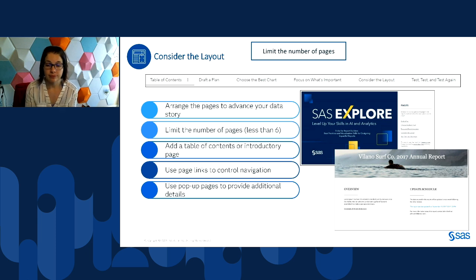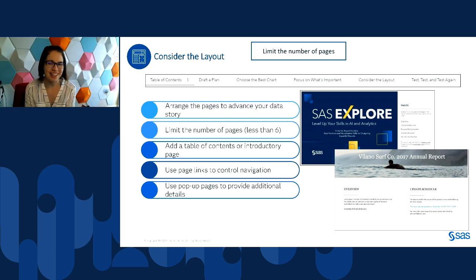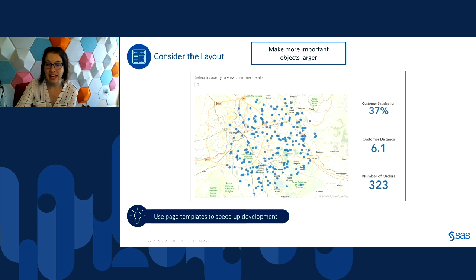Thank you. Someone's asking, how would I make templates without SAS Visual Analytics? I'm not sure I know how to answer that question, but I do know in Visual Analytics, you can make templates of pages and objects, and I kind of talked about those briefly. But for instance, once I have a page that has the layout that I like, that I might use a lot, I can create a page template from that and use it in different reports.